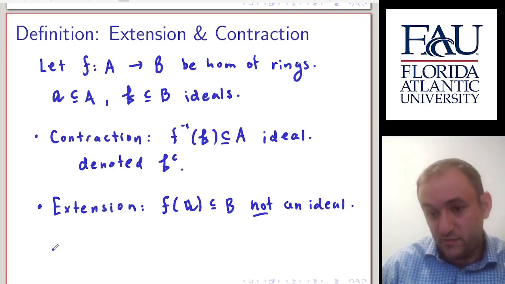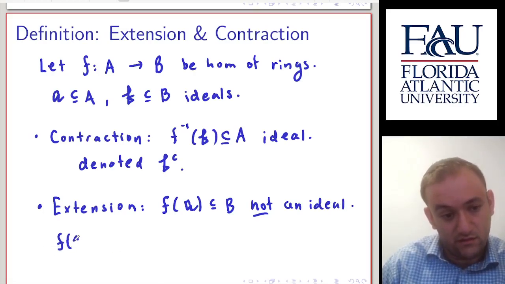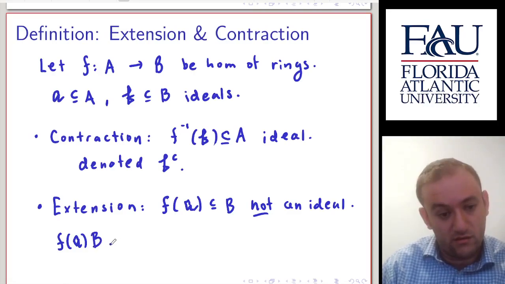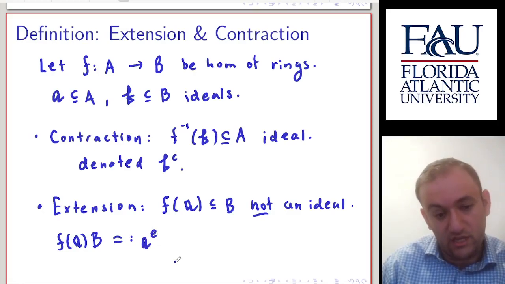In order to get it to be an ideal, you need to allow it to be scaled by arbitrary elements of B. So this is going to be taken to be the extension of 𝔞, denoted 𝔞^e, and this is an ideal of B.